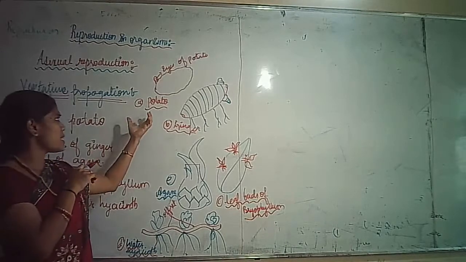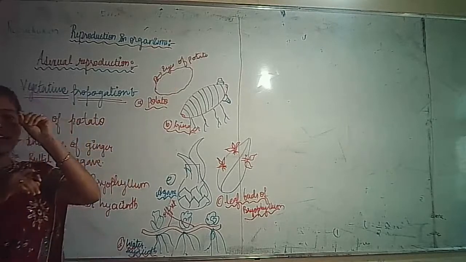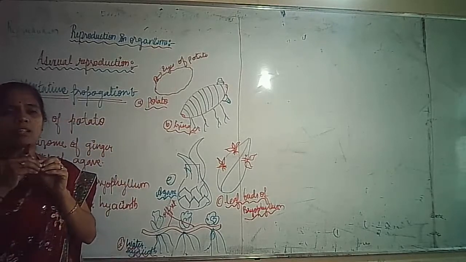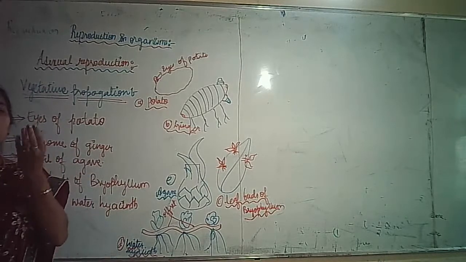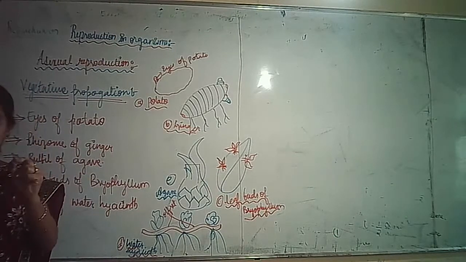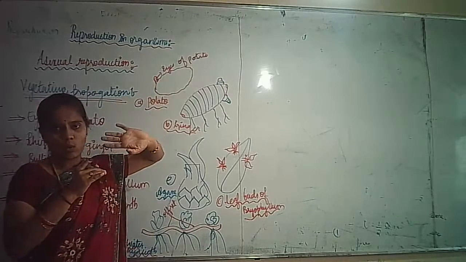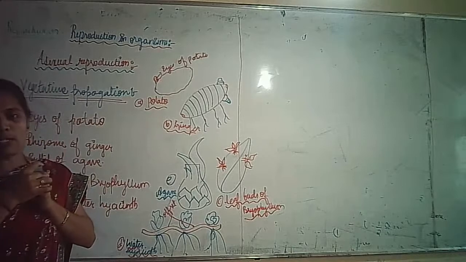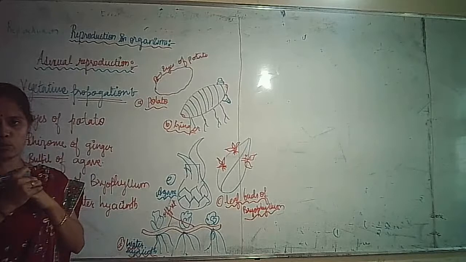For example, you can see here, the potato has small white-colored bud-like structures. If you keep the potato for a long period of time, it will develop some white-colored structures that we call the eyes of potato. So the eyes of potato have the capacity to develop into a new potato.